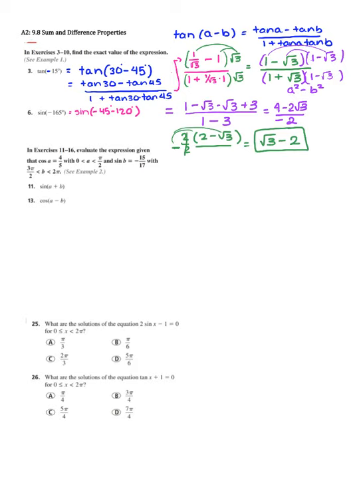And so I will use the sine a minus b identity. That expands as sine a, which is negative 45, cosine 120, minus, because we're doing the minus, now it's going to be cosine negative 45 times sine 120.